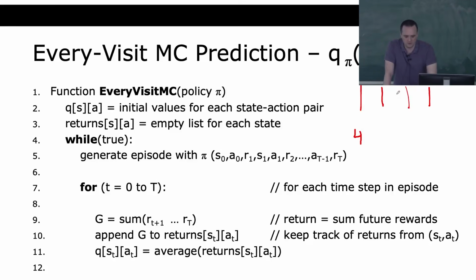The sum following this one, 3, 2, 1. So that would be the array if I got a 1 at every reward. But because I got a 0 at every reward, sorry, I'm real bad at this. Here we go, let's just draw a stick figure. So if I got zeros until I got a 1, then the sum following this one is 1, the sum following this one is 1, and the sum following this one is 1.